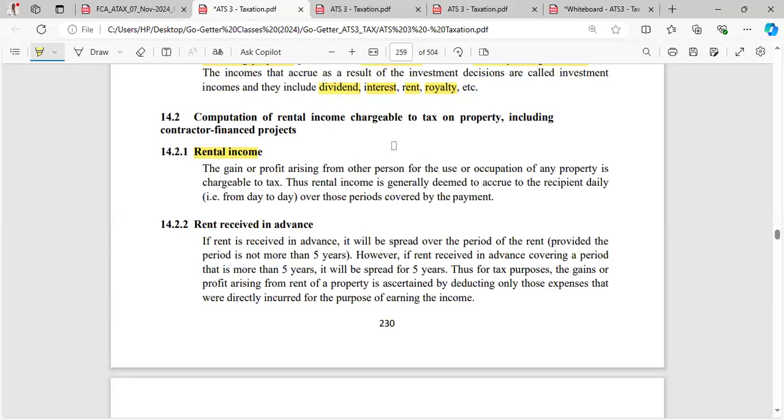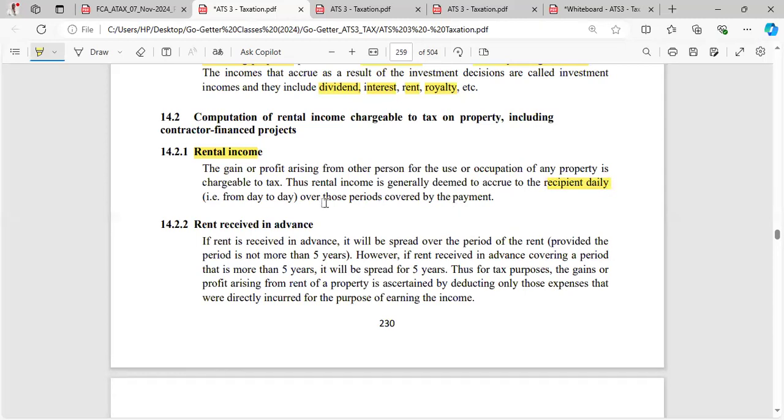So it means that you have a property, you put it out for let, someone rents it, the gain you get is rental income. Rental income is generally deemed to accrue to the recipient daily. So day to day, it is accruing daily.